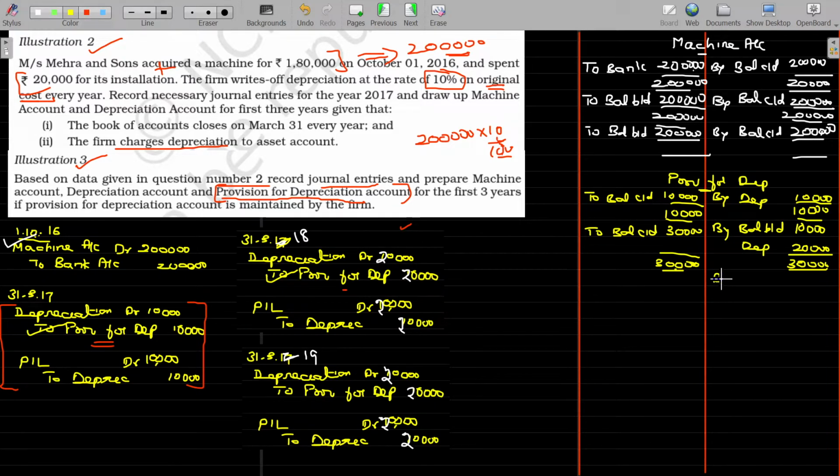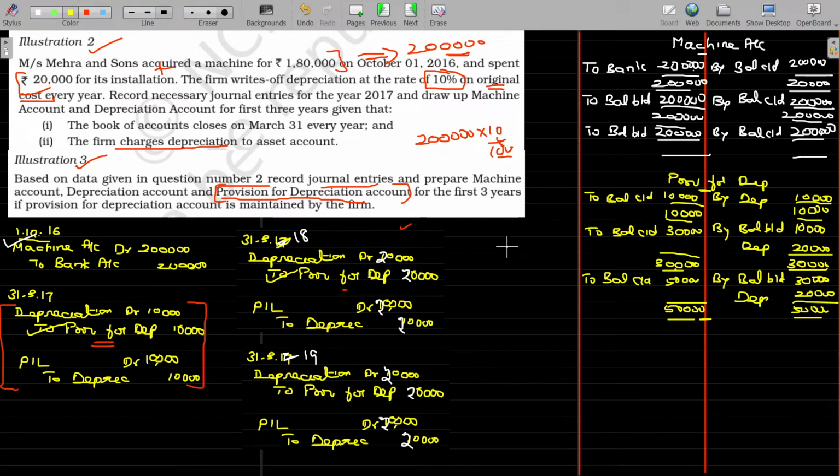Transfer to the next side. So by balance brought down 30. Again, third year depreciation 20. Then the balance, to balance carried on, being 50,000.